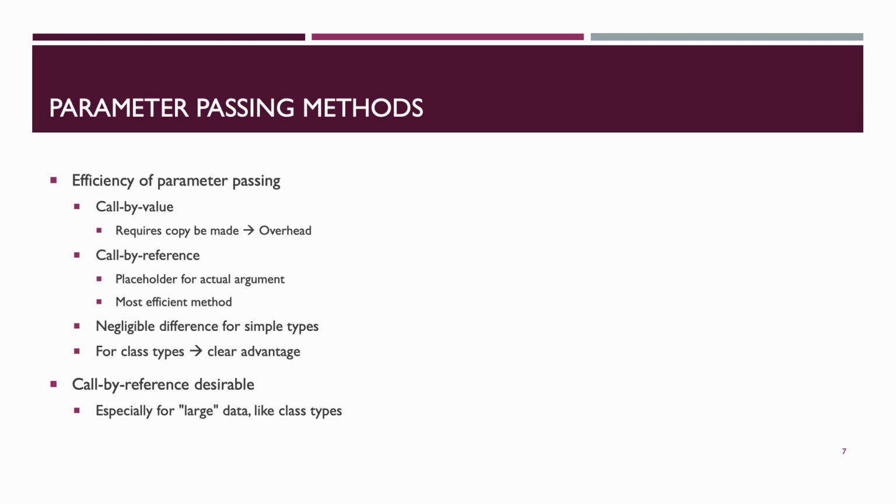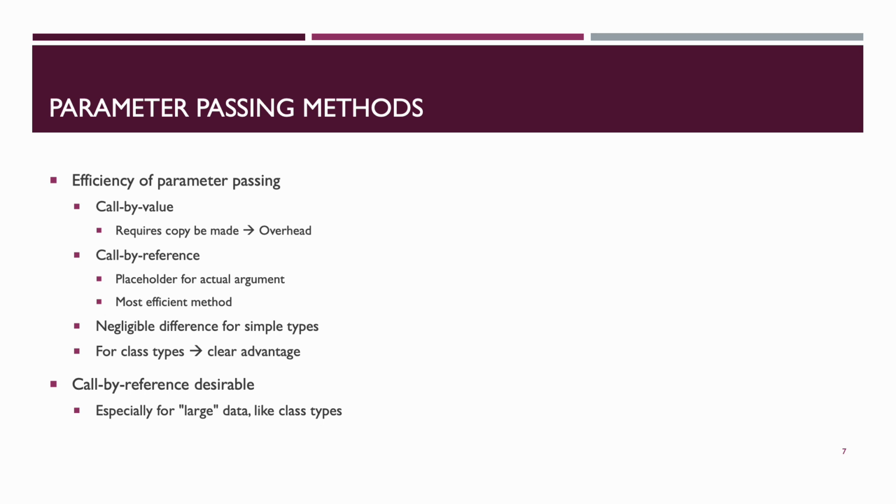This means the function works with the copy, and any changes made to the parameter within the function do not affect the original argument. Then overhead. Creating a copy, especially for large or complex types, can be computationally expensive and lead to increased memory usage. For simple data types like integers or characters, this overhead may not be noticeable, but for class types or large structures, it can significantly slow down performance.